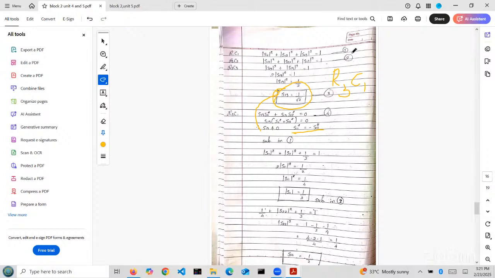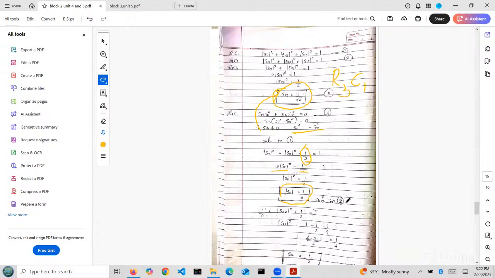What is the S13 value? S13 equal to 1 by root 2, and after squaring we get 1 by 2, equal to 1. From this, S11 plus S11 is 2 times S11 equal to 1 minus 1 by 2. 1 minus 1 by 2, how much do we get? 1 by 2. From this, finally, I am deriving the value of S11. What are we getting for S11? S11 equal to 1 by 2.